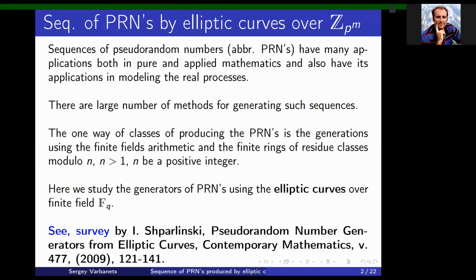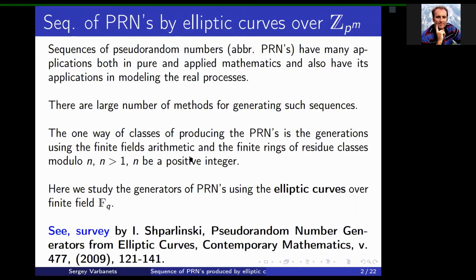Sequences of pseudorandom numbers have many applications, both in pure and applied mathematics, and also in modeling real processes. But the big interest for me is to apply these sequences to cryptography.